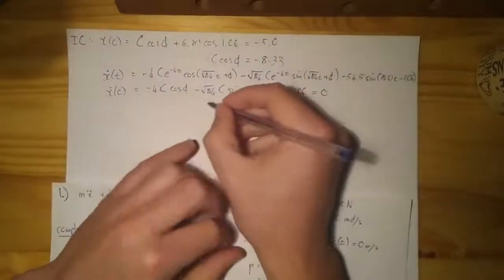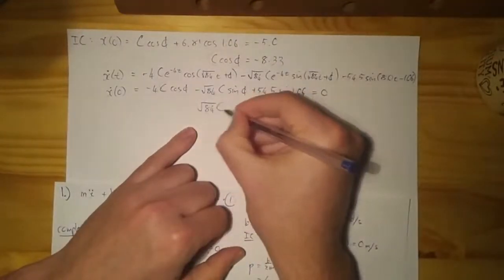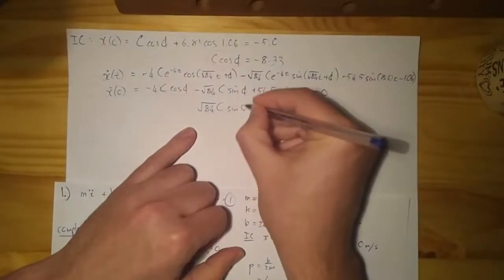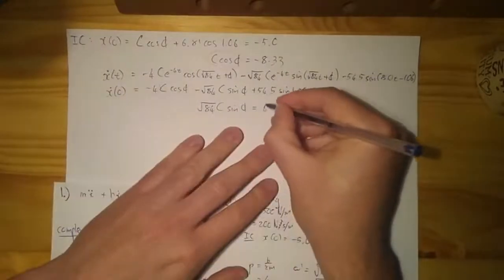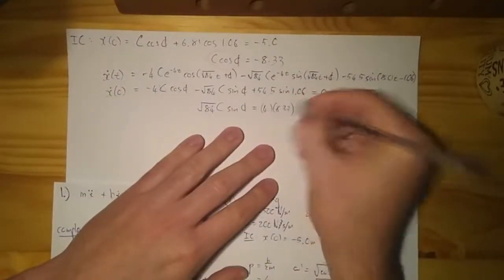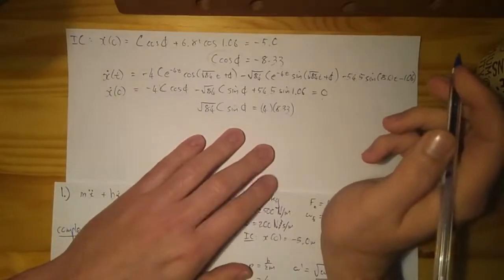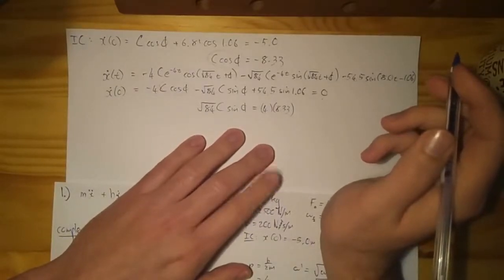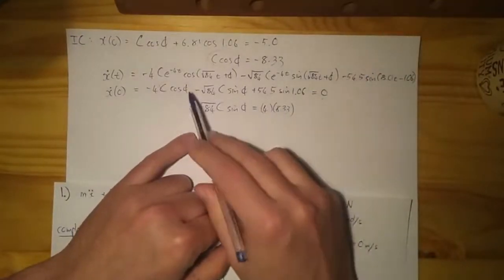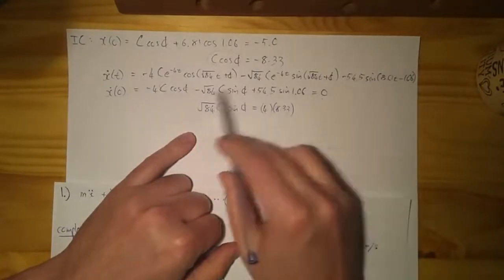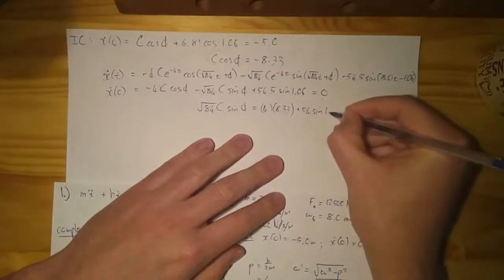So I'm going to write that on the other side, and then so square root 84c sine phi is equal to, therefore, okay, now this is minus 4 times minus, so this will be 4 times 8.33, 4 times a third, 1.33, okay. Okay, what, I lost track now. Okay, so plus 54 sine 1.06.